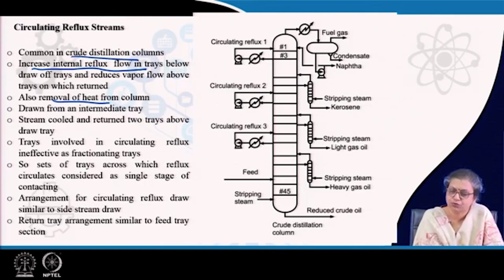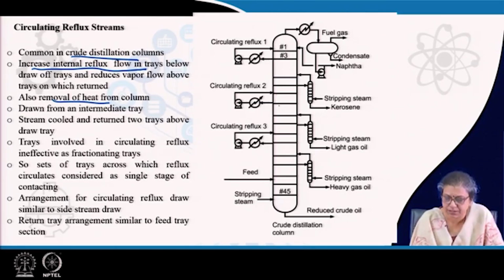Now, in this case, what do we do? Just below two side stream draws, or maybe below the overhead product draw and the side stream draw, we have an arrangement which is known as a circulating reflux, which means that from some particular tray we draw the liquid, we cool it and we introduce it, usually two trays above the tray.